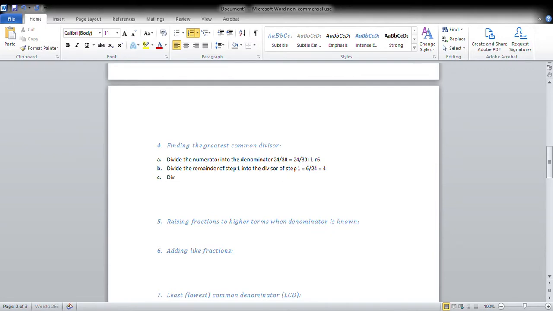Finally, we divide the remainder of step 2 into the divisor of step 2, and we continue until the remainder is 0.